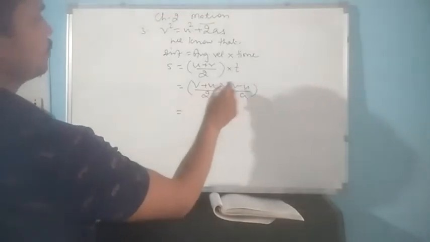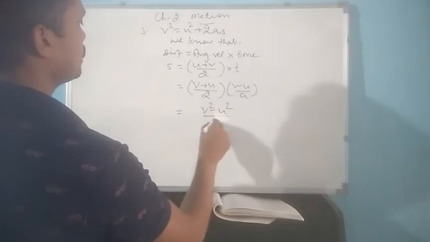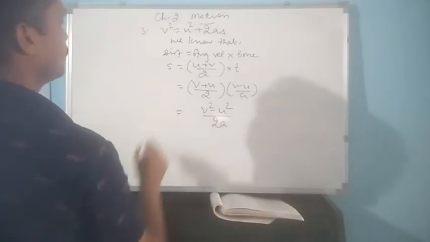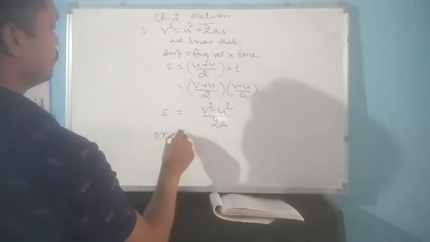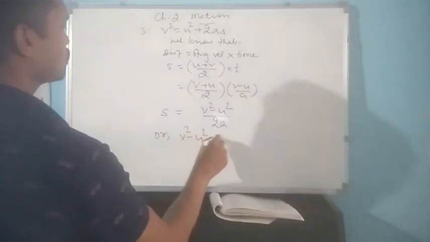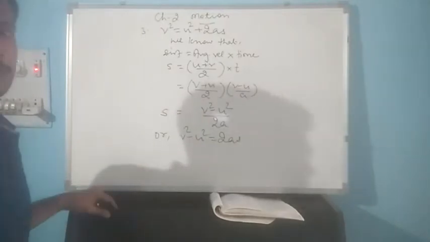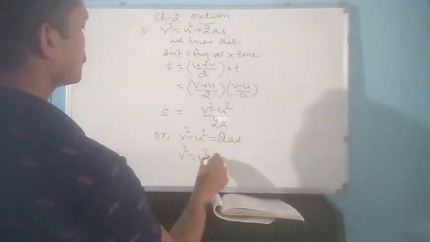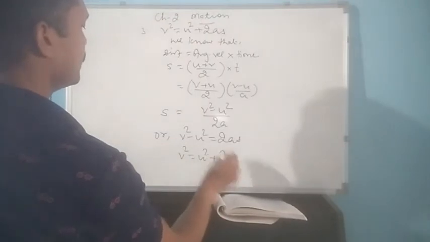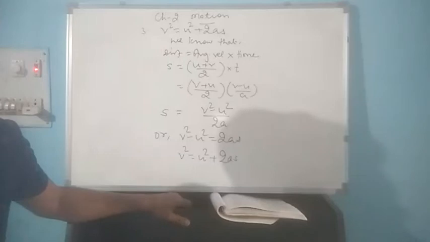Now v plus u into v minus u is v square minus u square, divided by 2a, which is s. We can write v square minus u square equal to 2as, and then v square is equal to u square plus 2as. So we have derived all the three equations of motion.